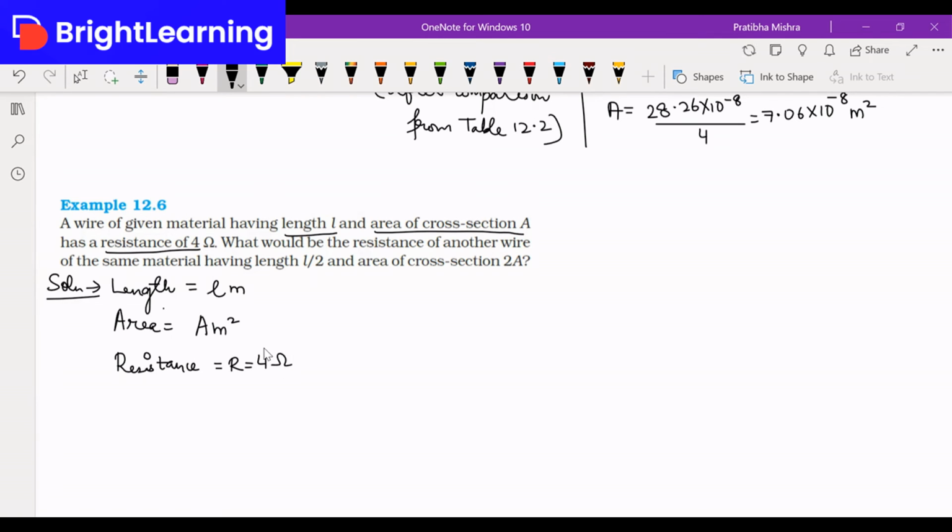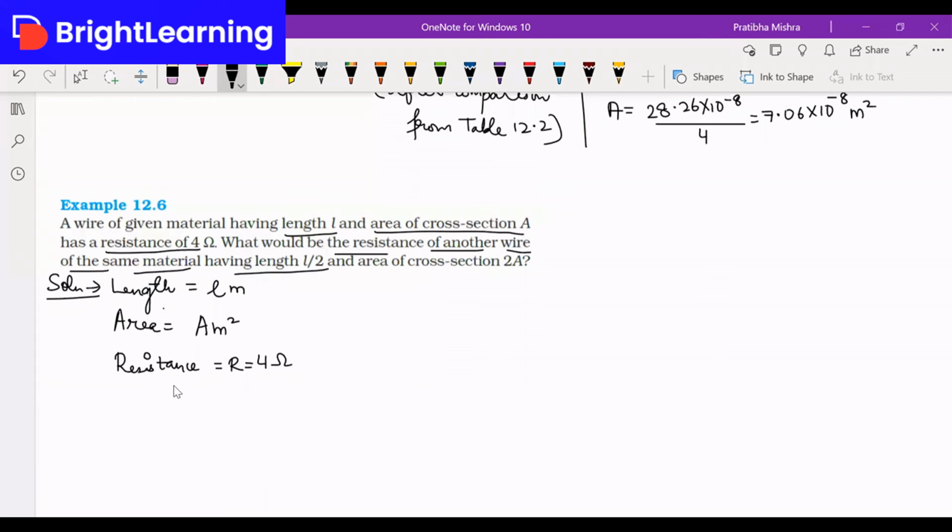Okay. Now, what would be the resistance of another wire of the same material having length L by 2? So see, the material remains the same over here, but you are decreasing the length and you are doubling the area. So you need to understand the conditions.